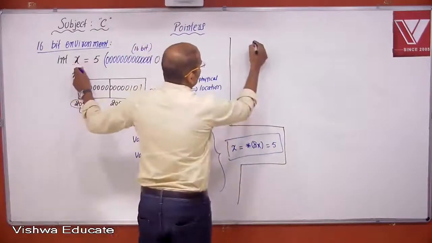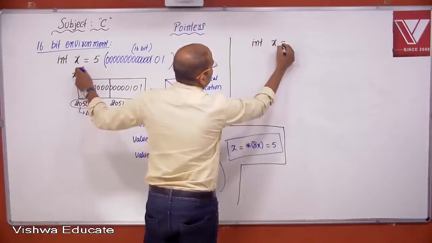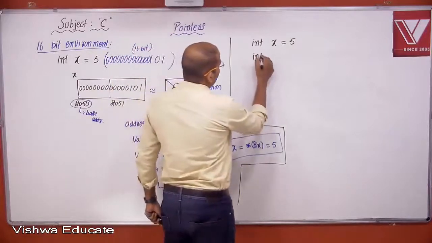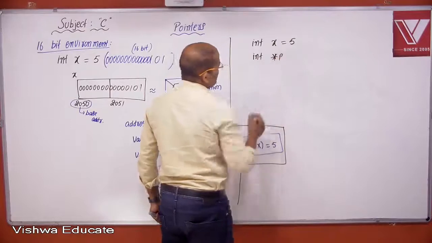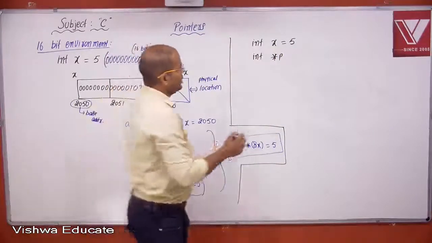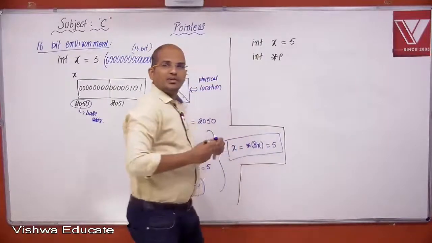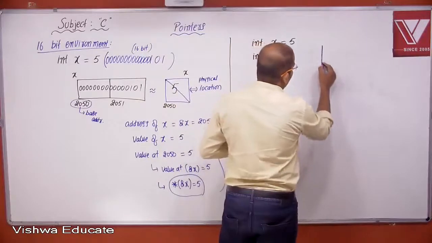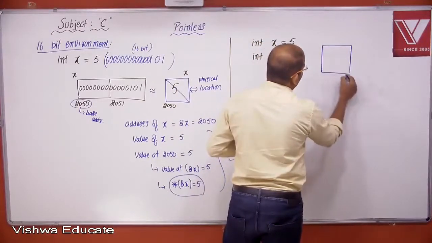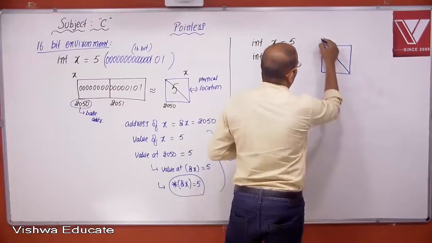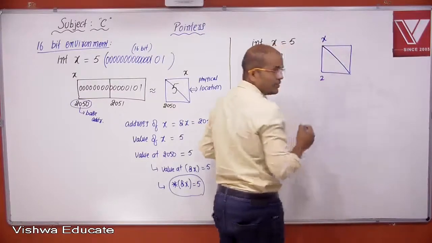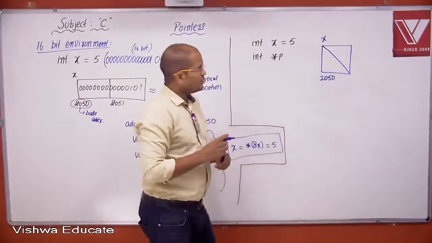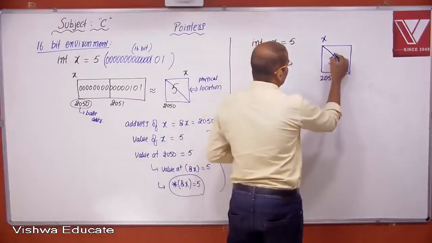The same: int x is equal to 5, and int pointer p. So what happens internally? Internally, x takes 2 bytes, some address 2050, and the value of x is 5.